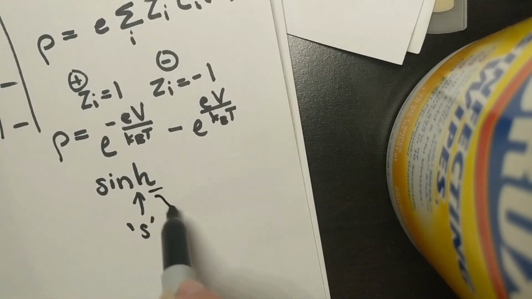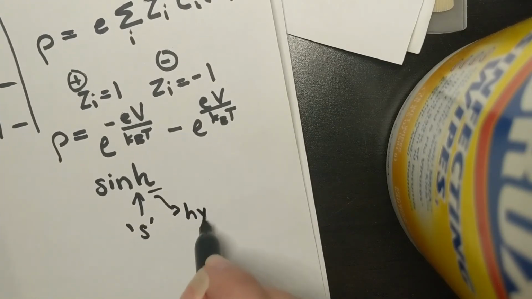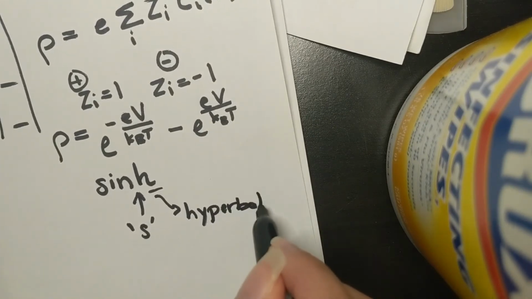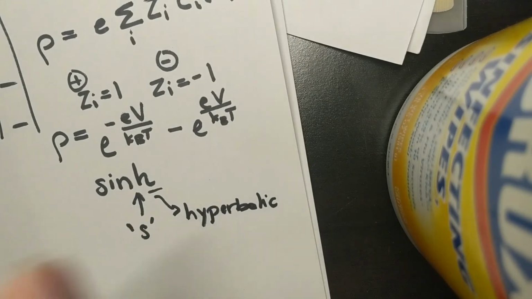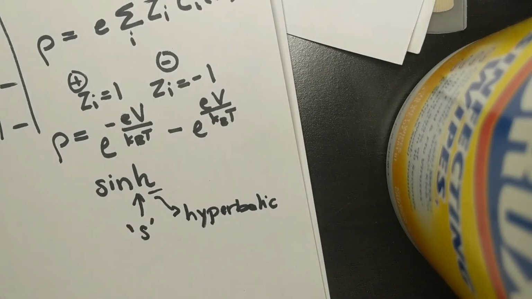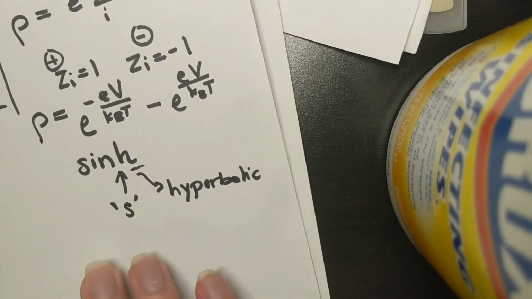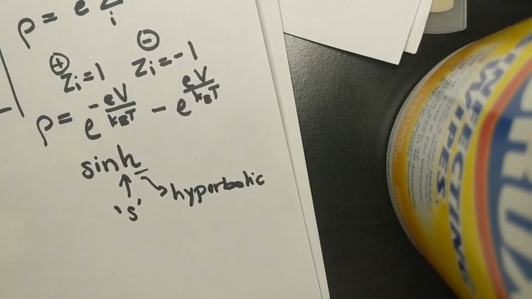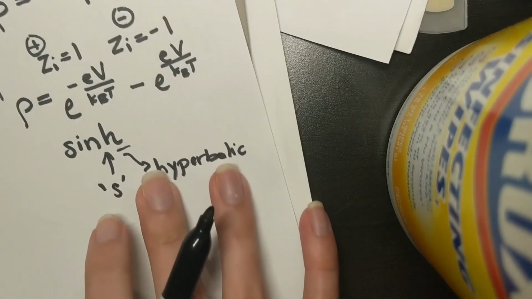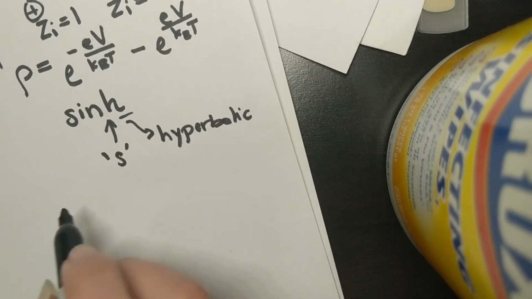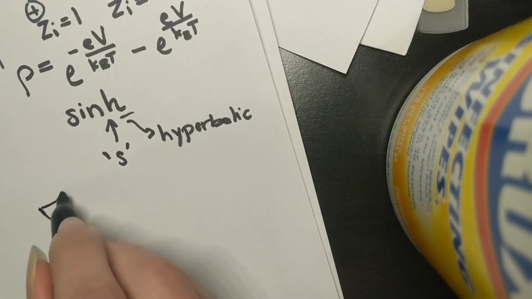This H here stands for hyperbolic. Hyperbolic, yeah, we're not going to talk about why it's called this. But going back to our original constraint, and knowing that there's actually a 1/2 involved in the sinh function, we can finally write down the equation.